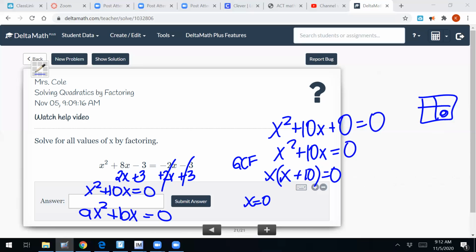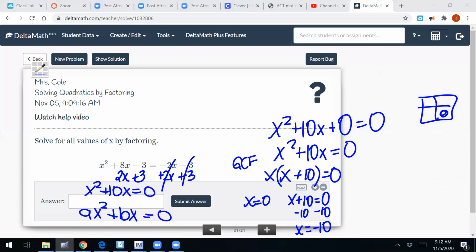That means your parabola crosses at 0, the origin. Then we take the one that's in parentheses, set it equal to 0, and solve for x. So how do I get x by itself? Subtract 10. So x equals negative 10. So you have two answers.